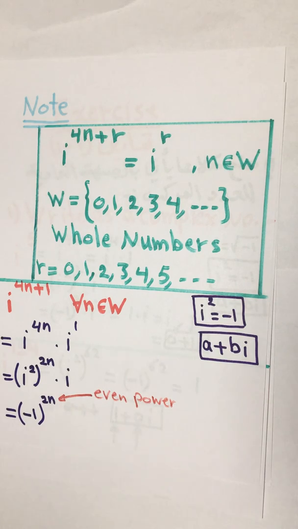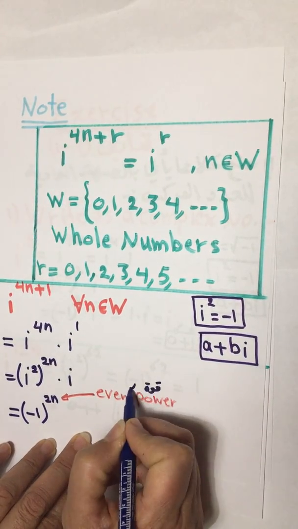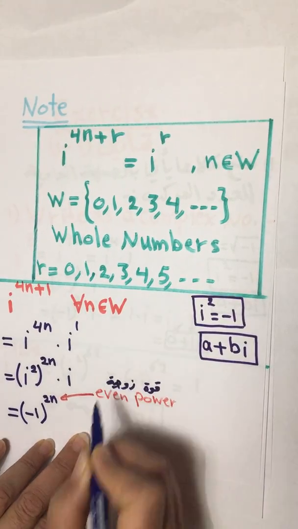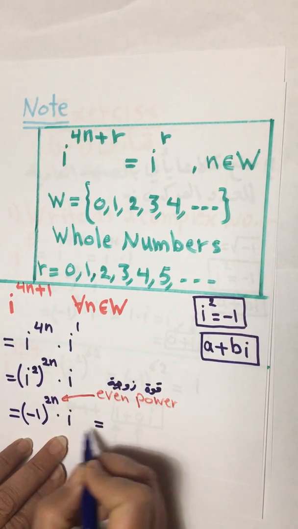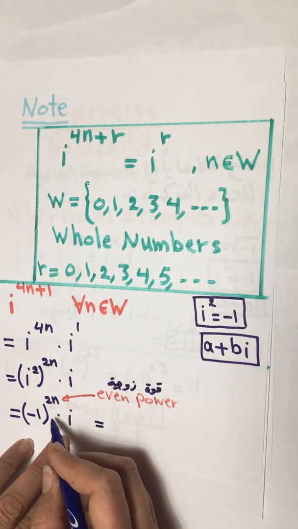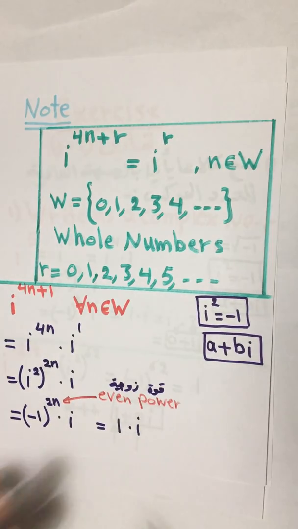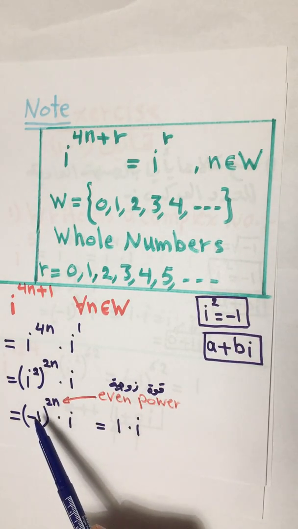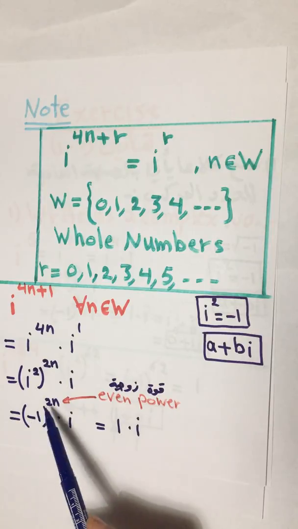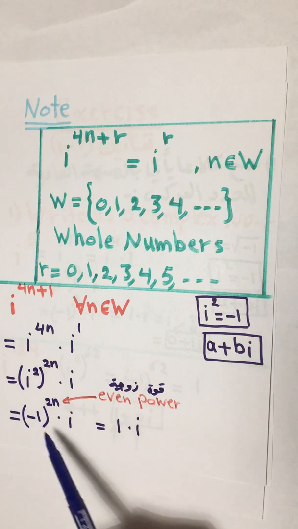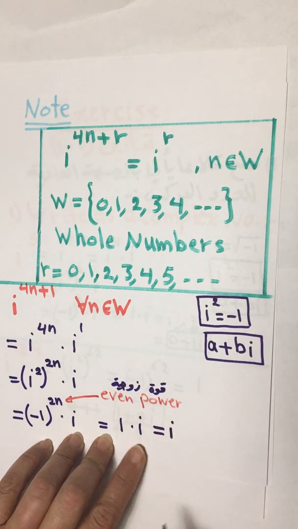So times I, negative 1 to the power 2n becomes 1 times I. If I raise it to an even power, the negative becomes positive 1, so it is 1 times I, which is I.